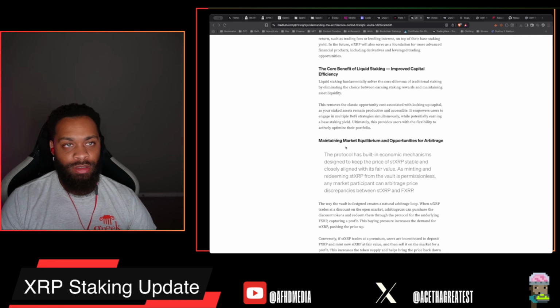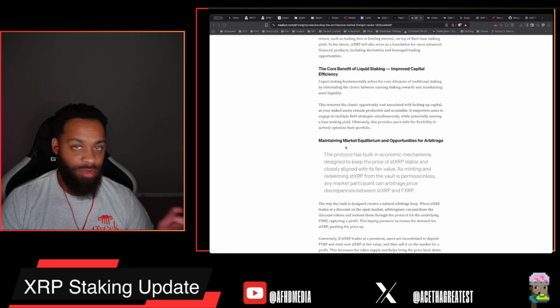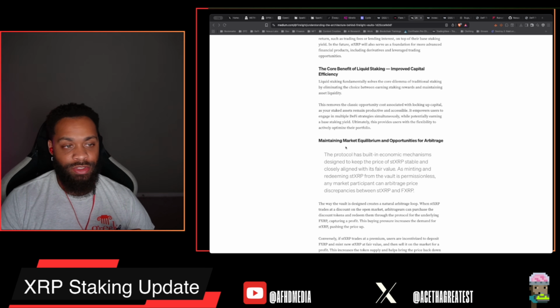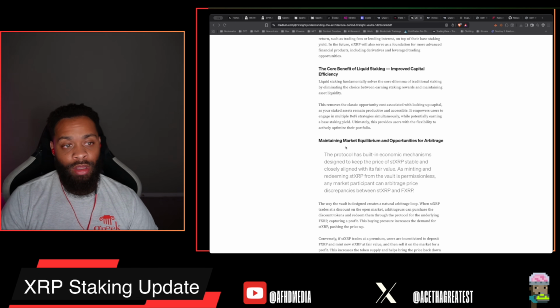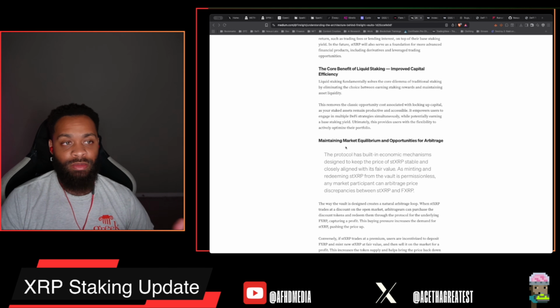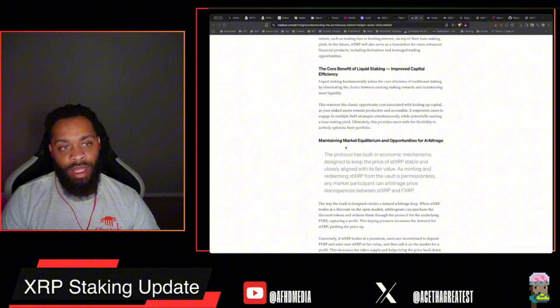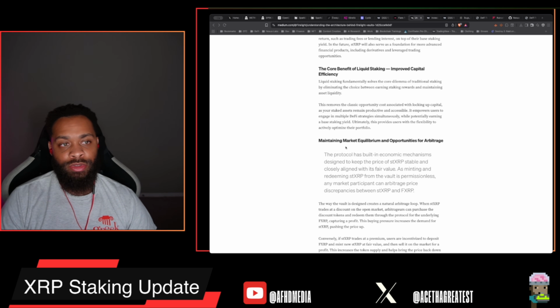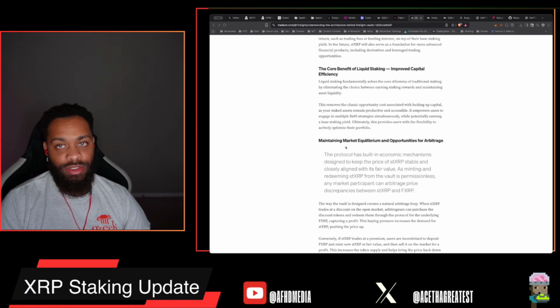So, liquid staking has been such a blessing to the crypto ecosystem across the board, not just in Flare. Same thing with the Flare FLR token. When they introduced staking, that was one of the main questions: okay, if I stake my tokens, yes, I'm providing security to the network, but I'm missing out potentially on other opportunities in the DeFi space on Flare.